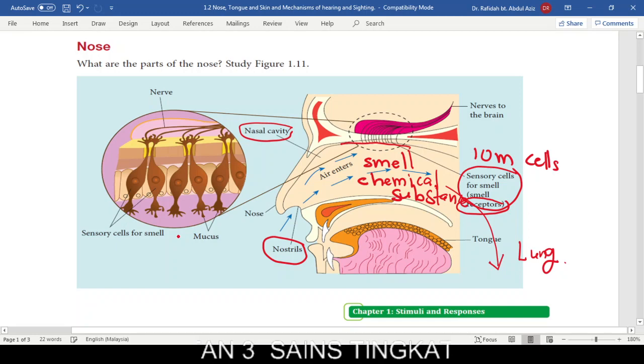This is the enlarged picture of the structure and function of these sensory cells for smell.